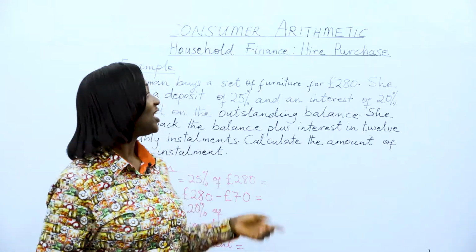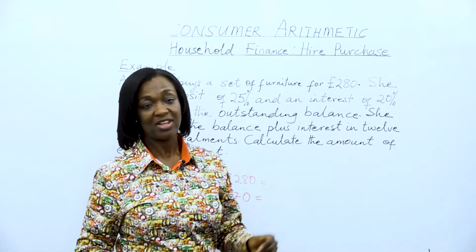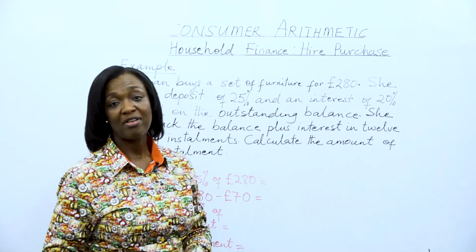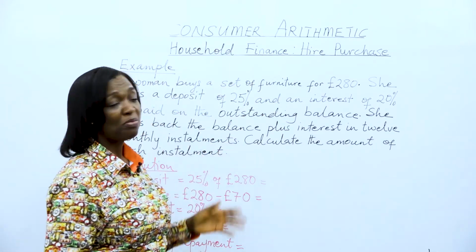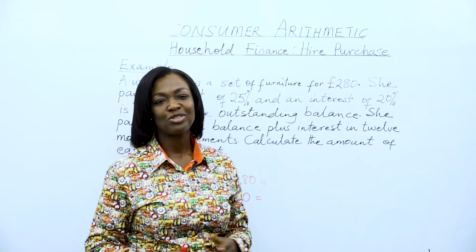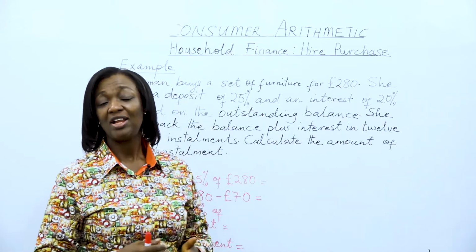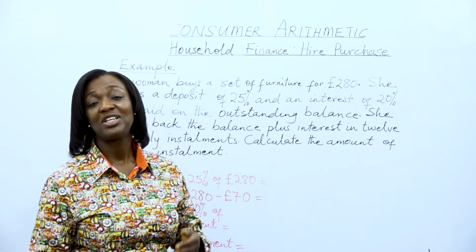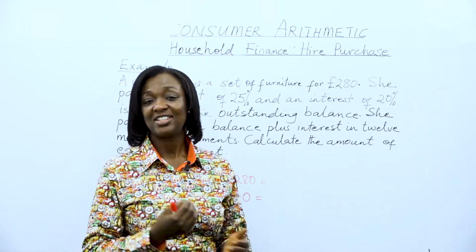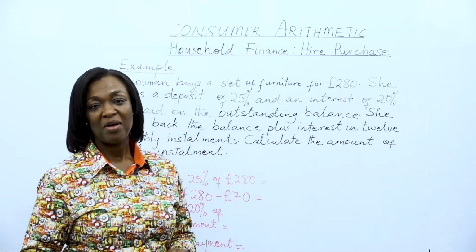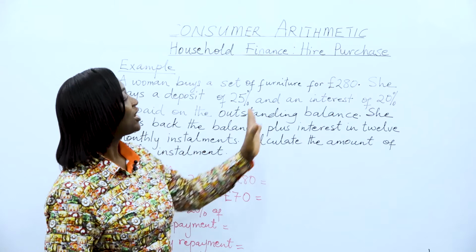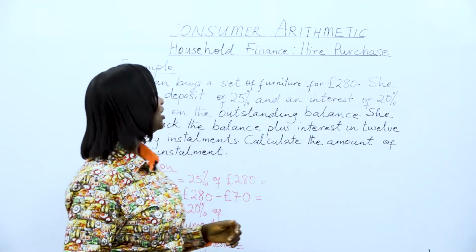Next, we want to look at household finance under consumer arithmetic. Under this subtopic, we have all kinds of household calculations: electricity bills, water bill, rent, and all sorts. But for this lesson, we want to look at hire purchase.